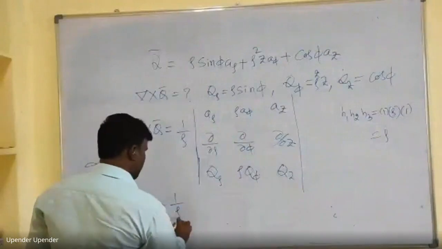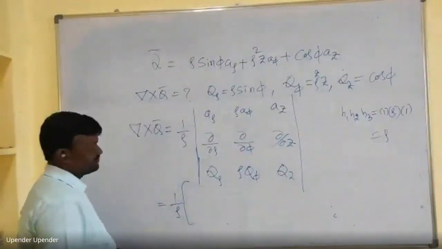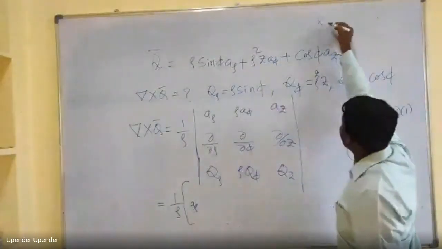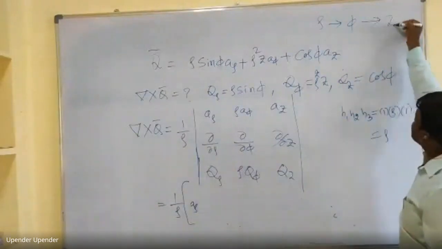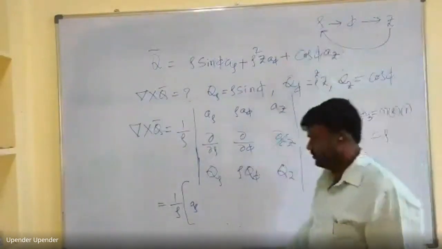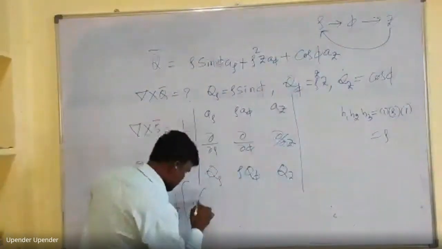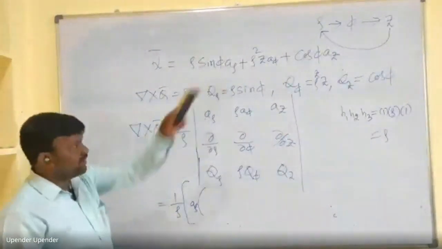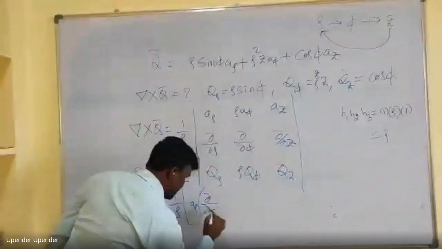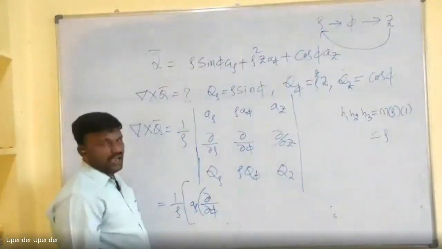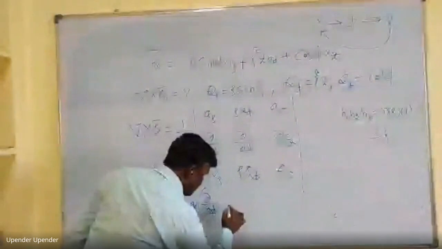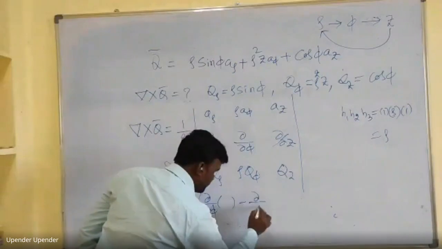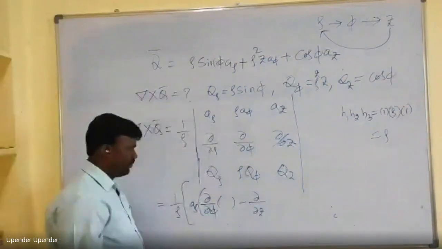1 by rho is multiplied by a rho into, here the notation you have to remember is like this: after rho, phi. After phi, z. After z, you have to go for rho. Now write a rho. After rho, I need to go for phi, that is dou by dou phi of some component, minus dou by dou z.